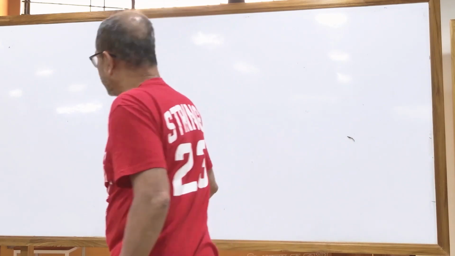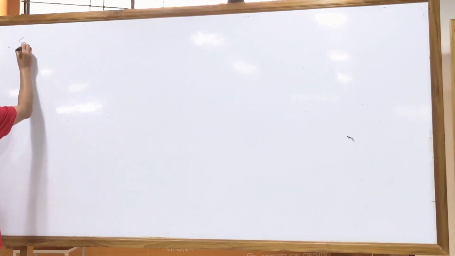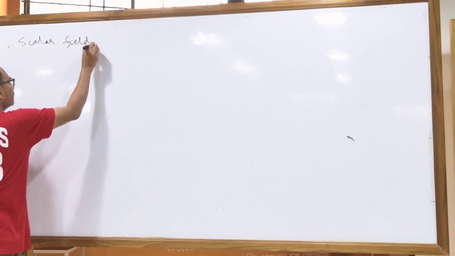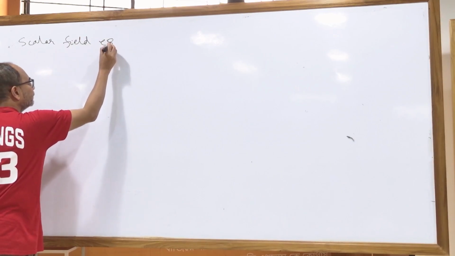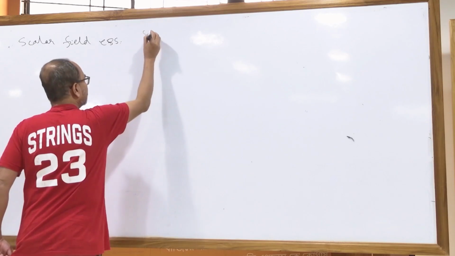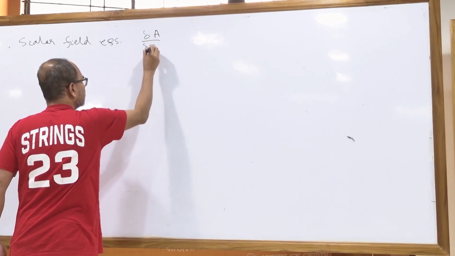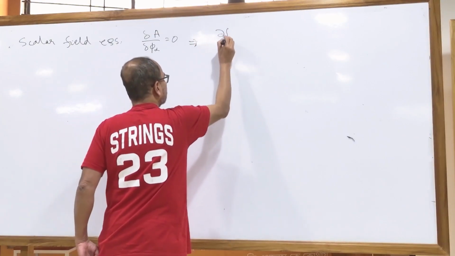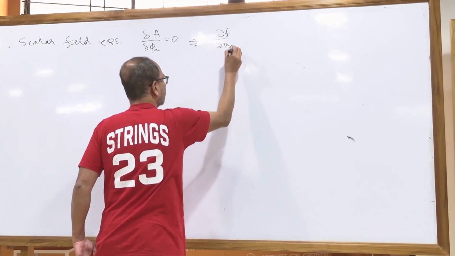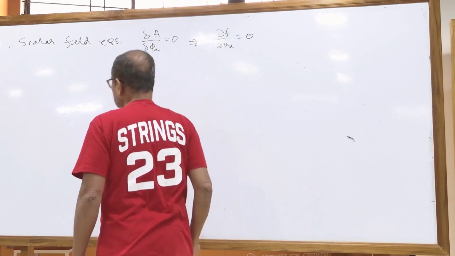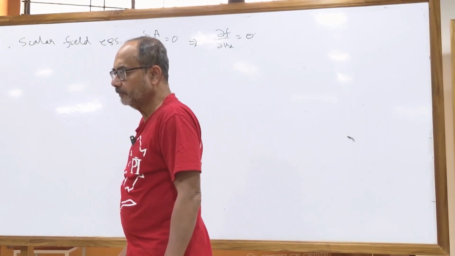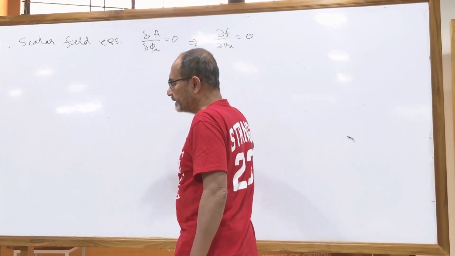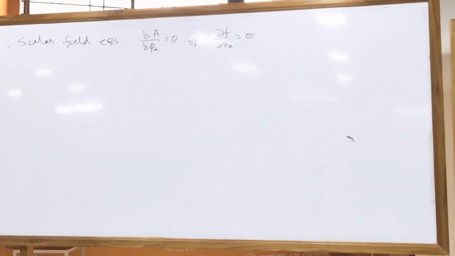So then the scalar equations, which are delta A delta phi alpha equal to 0, this reduces to just an ordinary equation del f del u alpha equal to 0. Okay, because there is no dependence on any space or time coordinates. f is just some function that we have here.